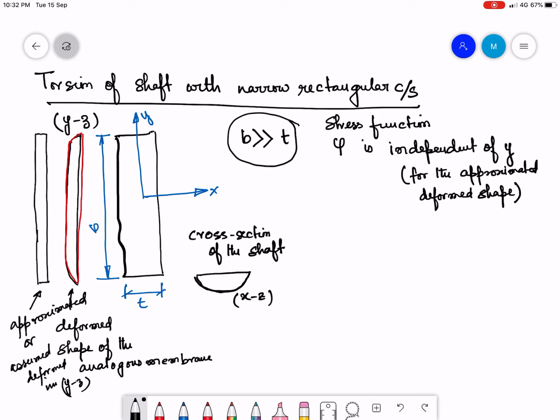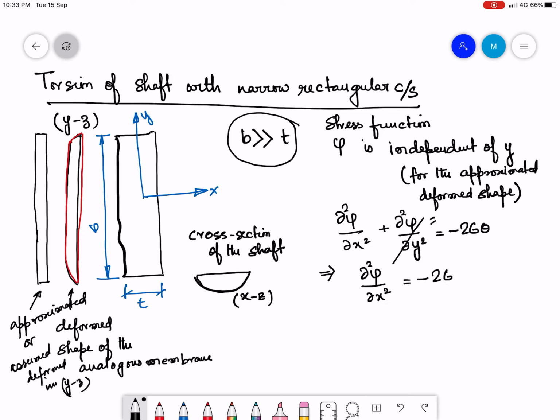Therefore, from the criterion that we have, which is del 2 phi by del x square plus del 2 phi by del y square is equal to minus 2 G theta, we can say that the second term is going to be 0 because phi is independent of y. So, we are left with del 2 phi by del x square is equal to minus 2 G theta. This is coming from the approximated deformed shape of the analogous membrane.